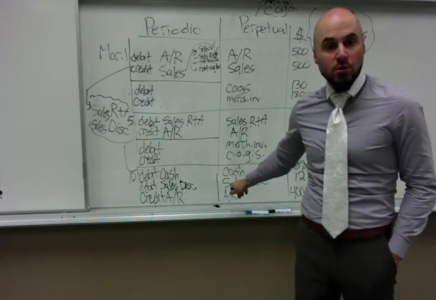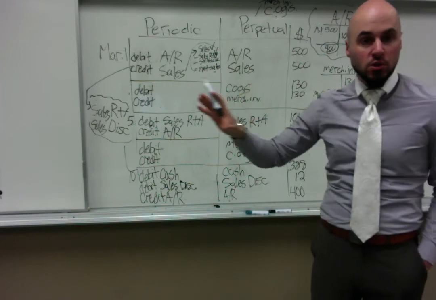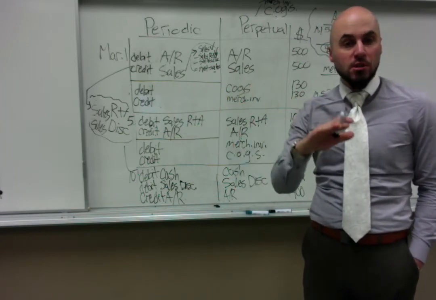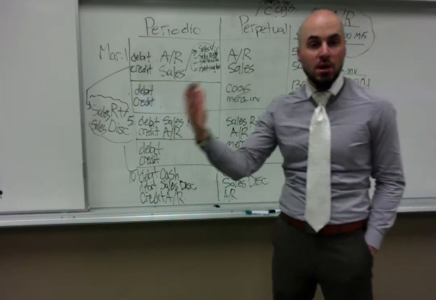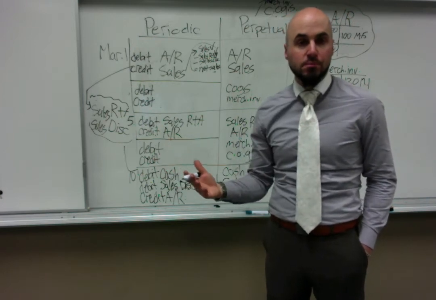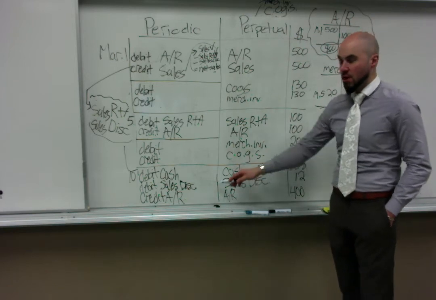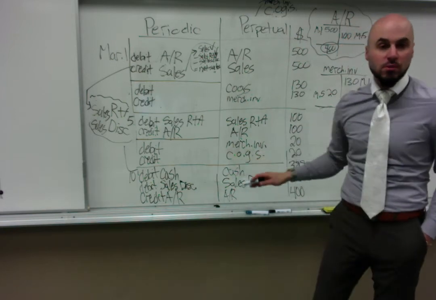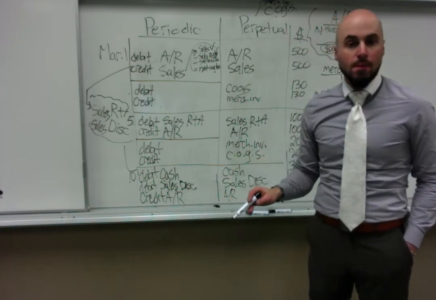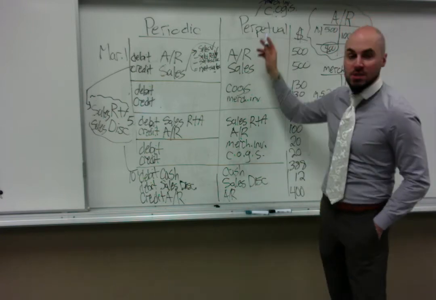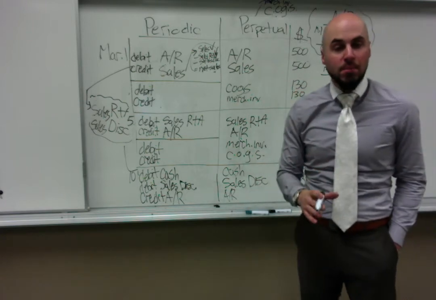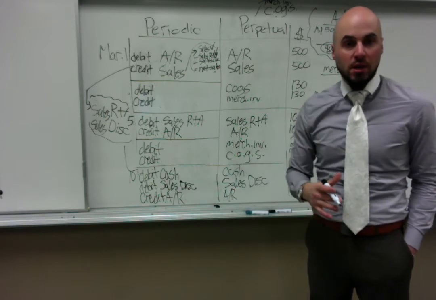But when the discount is made, nothing is happening to inventory. They're just simply getting a reduction in the price because they're paying within the discount period. That's the only difference. That's why this entry on March 10th will be the same in both systems, because cost of goods sold and merchandise inventory does not get impacted when the customer pays on time.